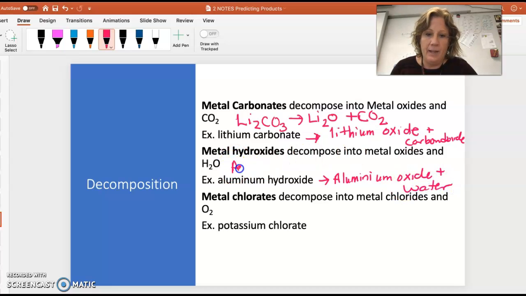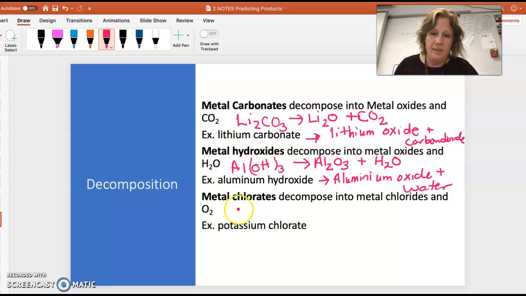So I would write that as Al(OH)3. This is -1, this is +3. Breaks down into Al2O3 plus water. And I'm not going to balance it just for the sake of time.